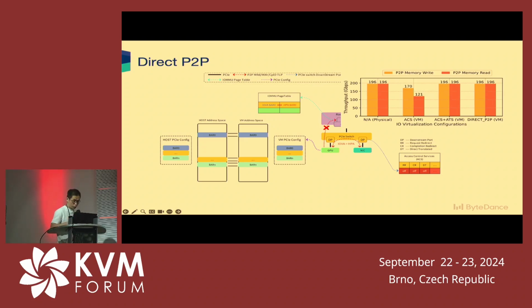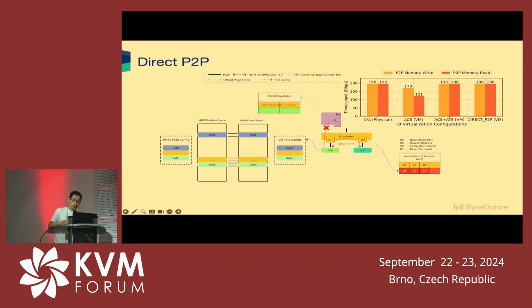Another thing is that because we have modified the BIOS to ensure that the GPU BAR address GPA is equal to the HPA address, some operations in the VM, such as PCIe rescan, may change the GPU BAR address.